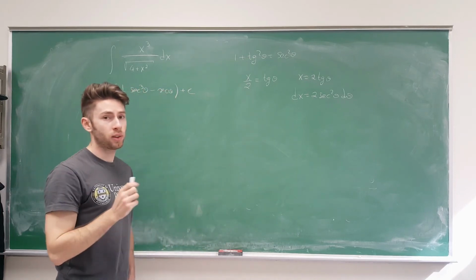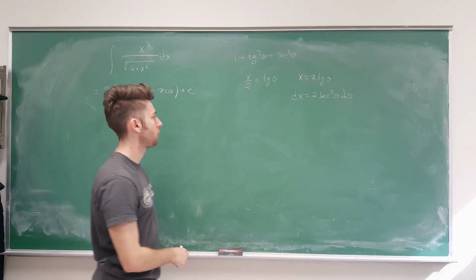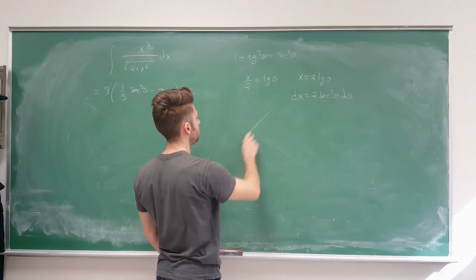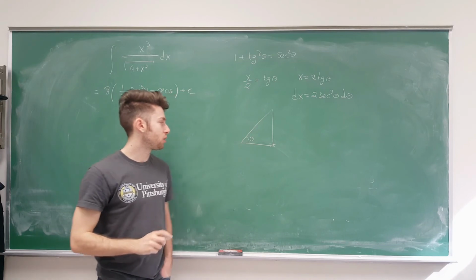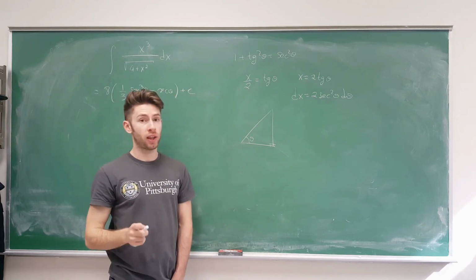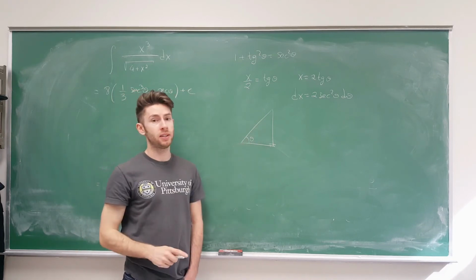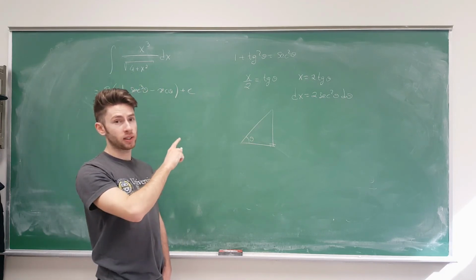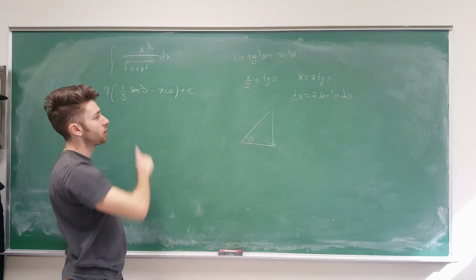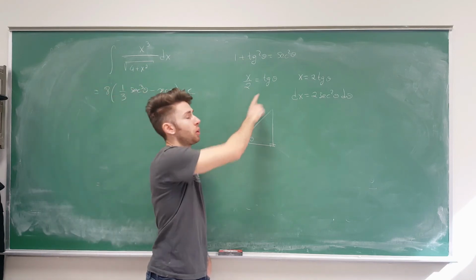So we look at two things for the triangle. Okay, let's first draw the triangle. This is a right triangle, and we're going to call this angle theta, and then we need to fill out the sides. So we need to look at the square root expression in our integral, so it's that one, and the substitution that we made.